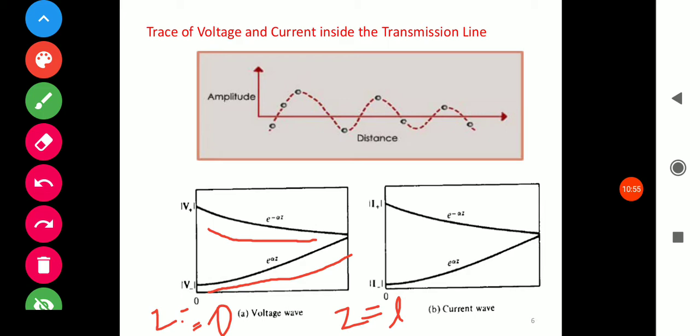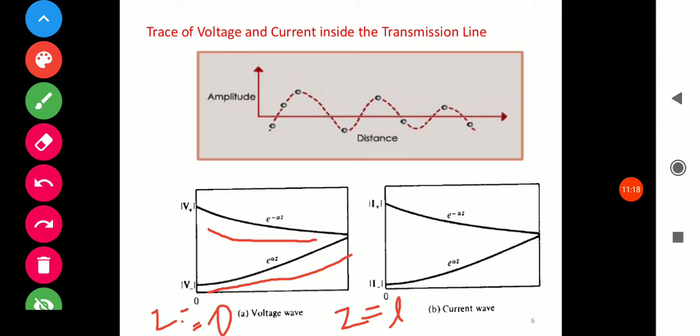V plus from the source side, the generator side, is very high. Once it is propagating inside the transmission line, its value is getting decreased because there is an alpha term, e power minus alpha z, so for every unit of length its value is getting attenuated.